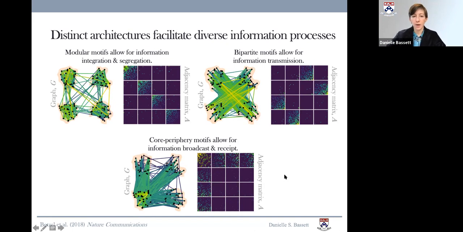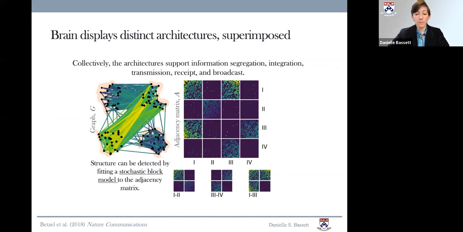So I think that there's certainly evidence in the literature that neural systems and actually other information processing systems might need to use all three of these different architectures to support different information functions. And what we find, and this is again work that was led by Rick Betzel when he was in the lab, is that brains display these distinct architectures superimposed upon one another. So in other words, the brain is not particularly well characterized simply by modules that are densely intra-connected. It also has evidence for bipartite structures and for core periphery structures.